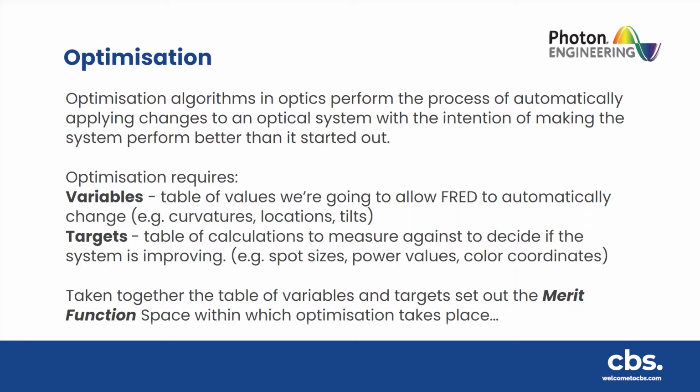And they include things like spot sizes, the power that we measure on a given plane, various things like this. So taken together, that table of variables and also targets set out the merit function space within which optimization takes place. So the merit function is a key component of how we optimize.